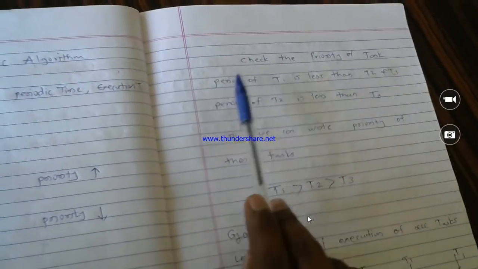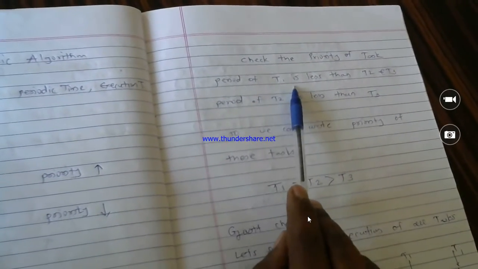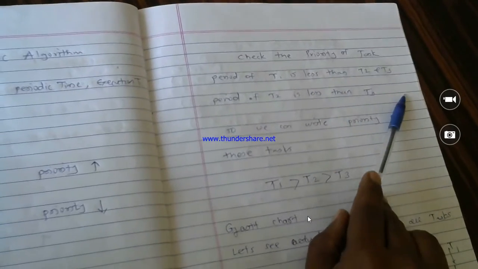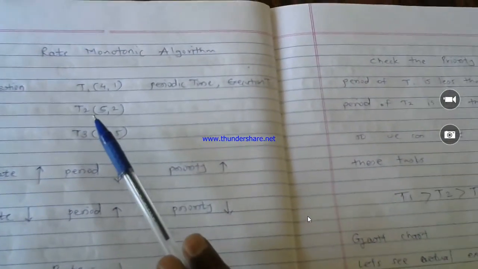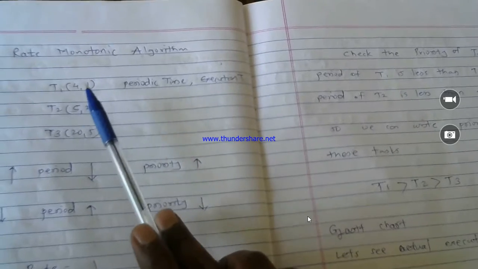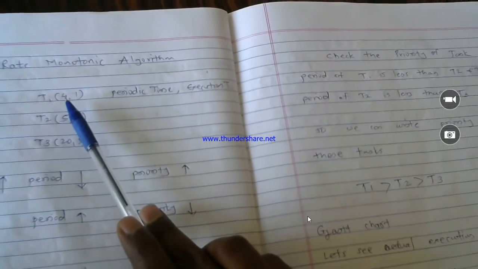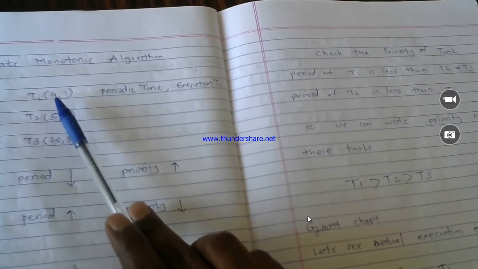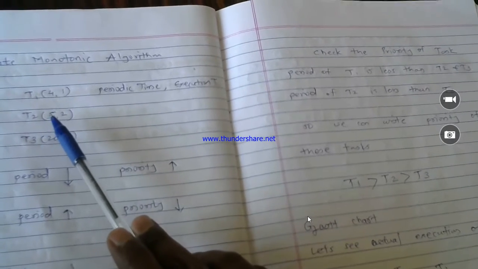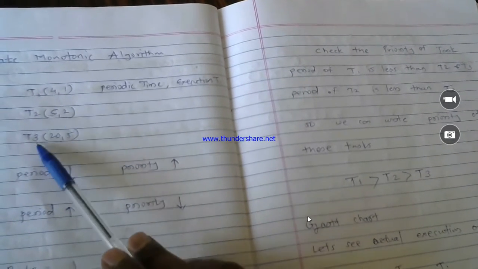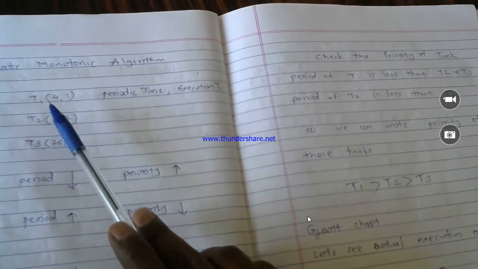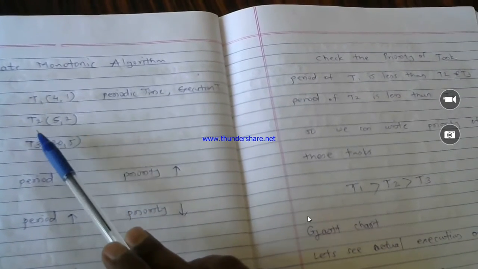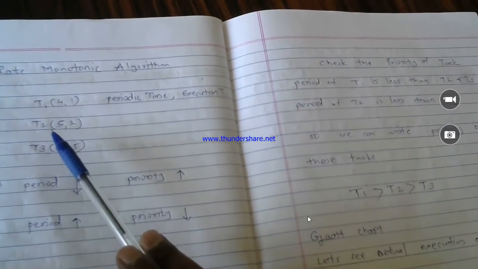Check the priority of the tasks. The period of T1 is less than T2 and T3. The period of T1 means this one, value 4, which is less than 5 and 20, that is T2 and T3. That's why the priority of task T1 is greater than T2 and T3.